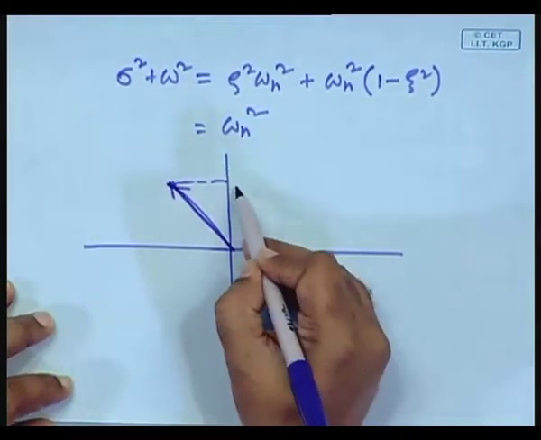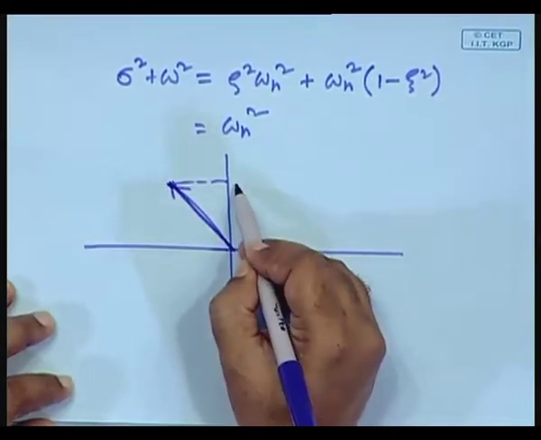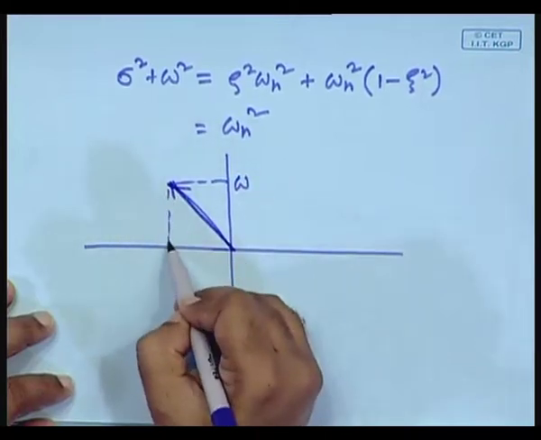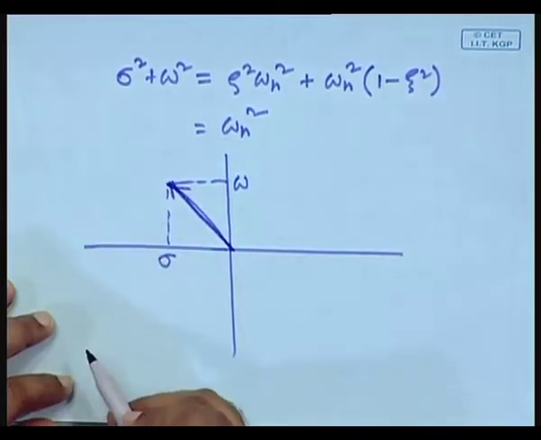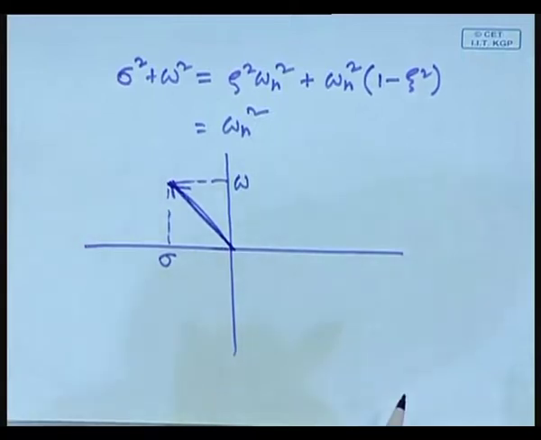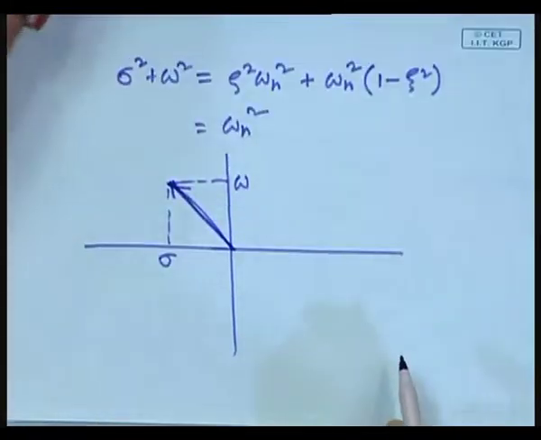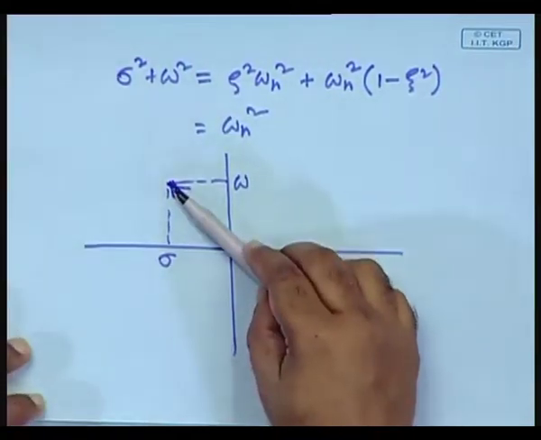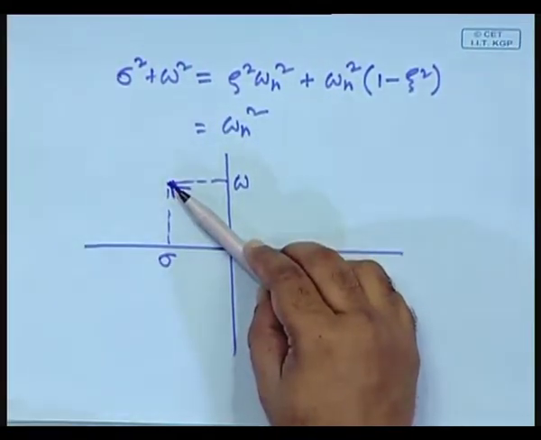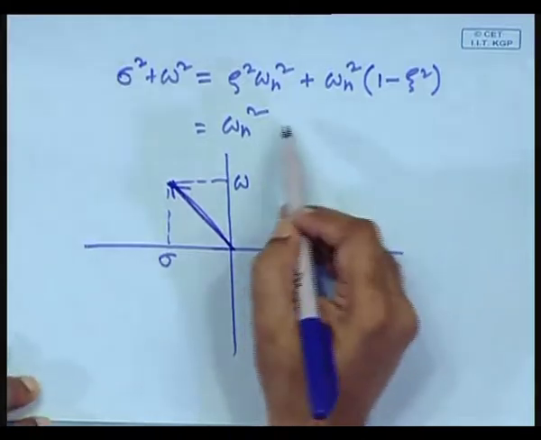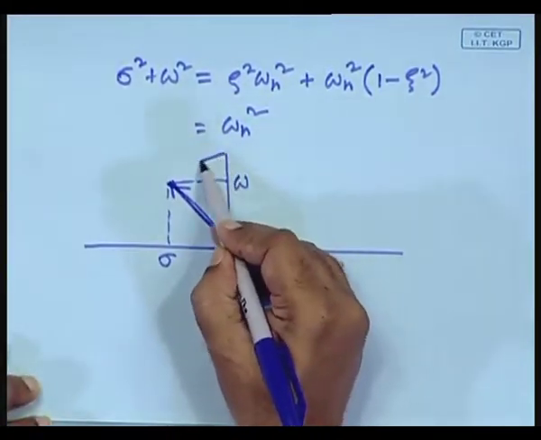This part will be omega and this part will be sigma. Now, suppose I change this, as a result of which this moves, what will happen? This tells us that this will always traverse on a circle.